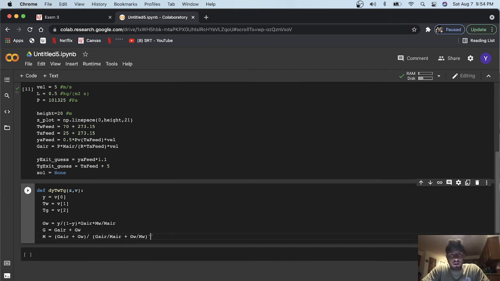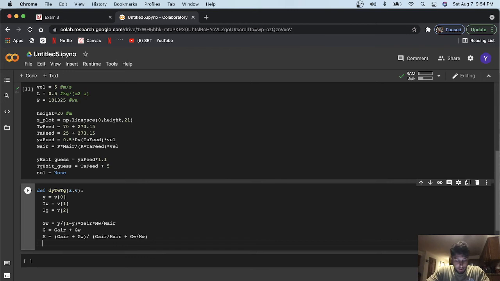We're also going to need the heat capacity of the gas. We need to know the amount of water evaporating into the air.